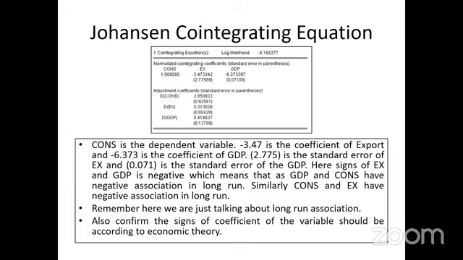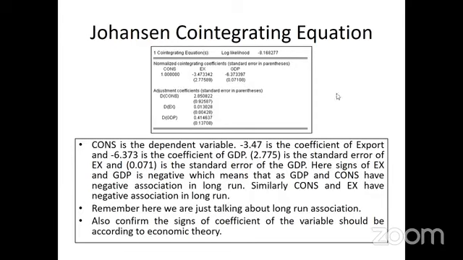Similarly, consumption and export also have a negative association in the long run. Is it clear? With every increase of 1 unit of export, consumption decreases by 3.47. With every increase of 1 unit of GDP, consumption decreases by 6.37.